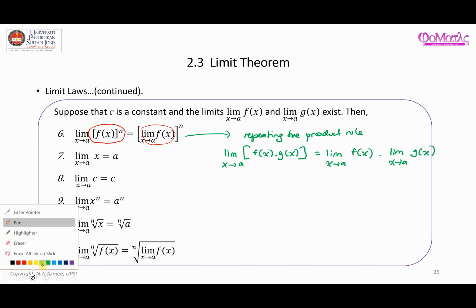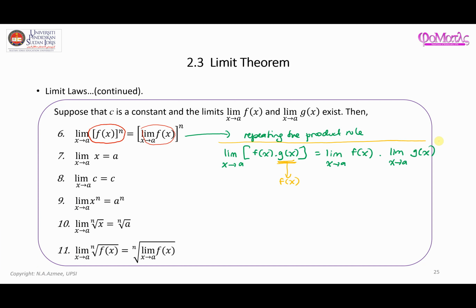Now, what if we consider, instead of having a different function, we consider having the same function, which is f(x). So how is this statement going to look like? So this statement is going to look like this. Limit x approaches a f(x). So I'm going to substitute f(x) into this part, so it's going to look like this. And this is equal to limit x approaches a f(x) times limit x approaches a f(x).